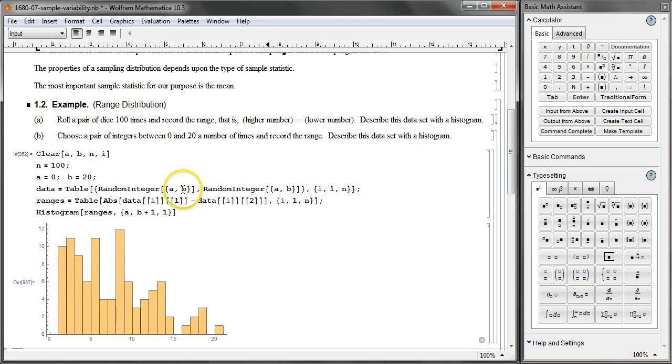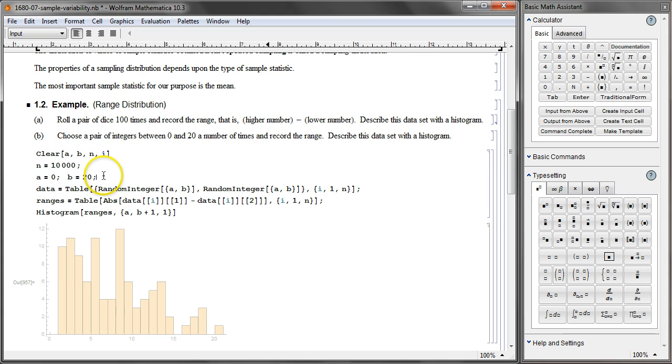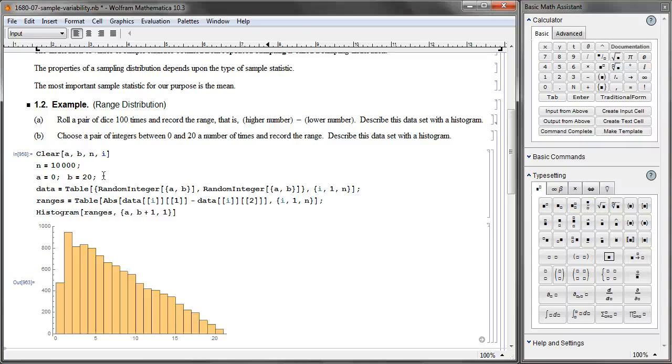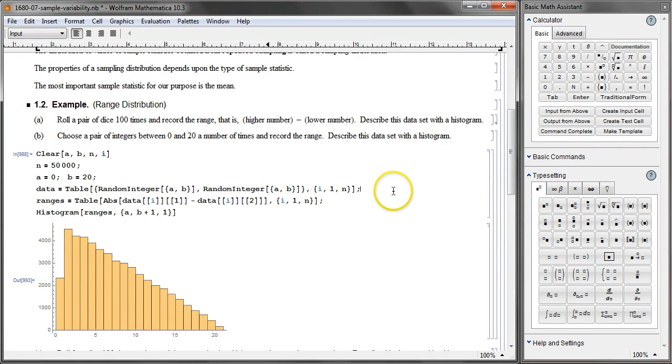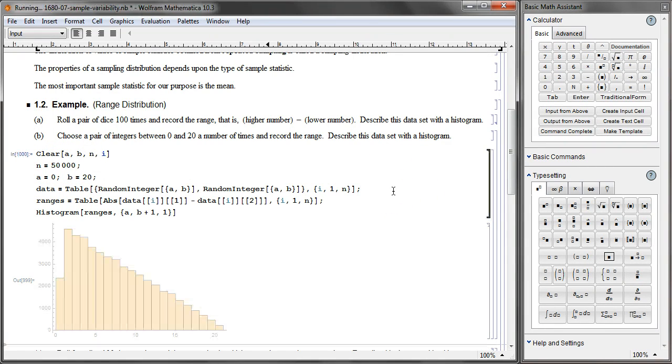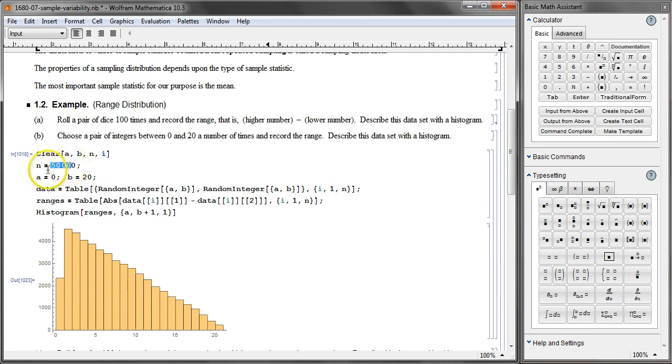Too wacky. But let me increase the number of repetitions to 10,000. And I now see a definite pattern. If I run it a number of times, the change isn't that big. Let's increase the repetitions to 50,000. A definite pattern. We have this linear decrease, and the change doesn't take place very much, even if I run this program a number of times.